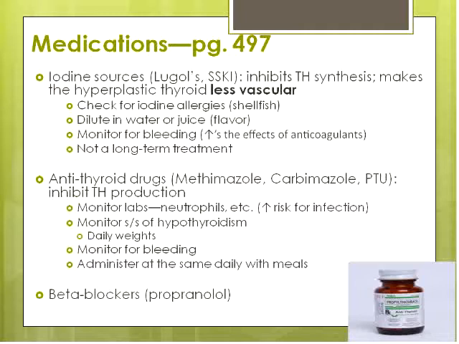For the anti-thyroid drugs, do we do peak and trough? So you're giving it at the same time daily. We don't do peak and trough. Well, would we monitor blood levels? Yes, but not peak and trough.